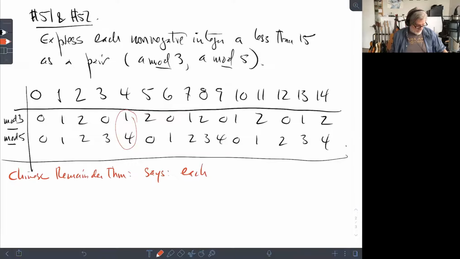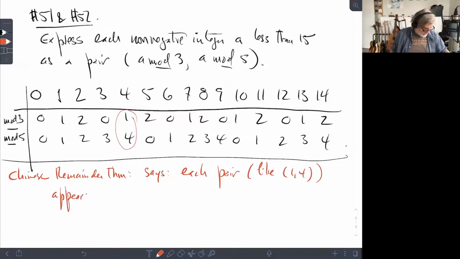So the Chinese remainder theorem says each pair, like 1, 4 that I've circled, appears once and only once.